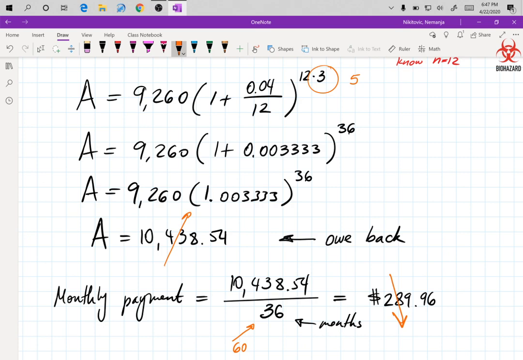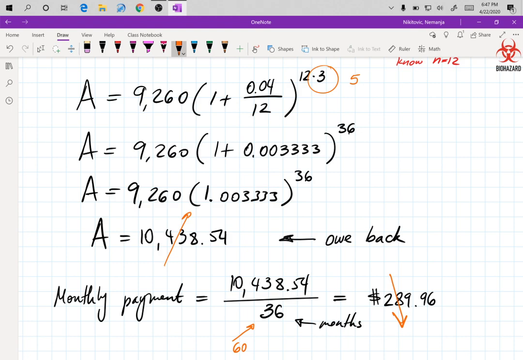So you have to borrow 9260, open parenthesis 1 plus 0.04 divided by 12, raised to the 60. So now, see, if you do the 5 years, you owe $11,306. That's $900 more, right, for you.